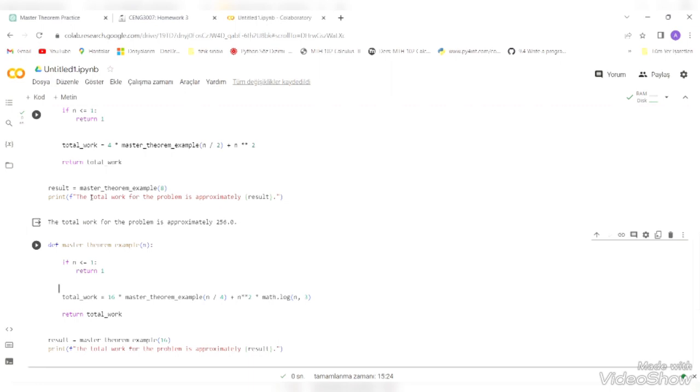For larger problem sizes, we perform 16 recursive calls on subproblems of size n divided by 4 and add an extra n squared log 3n work. We then test this function with a specific input n equals 16 to see how much total work is required for a problem of that size. The result gives us an idea of the total work needed to solve a problem of size 16 using the recursive algorithm.